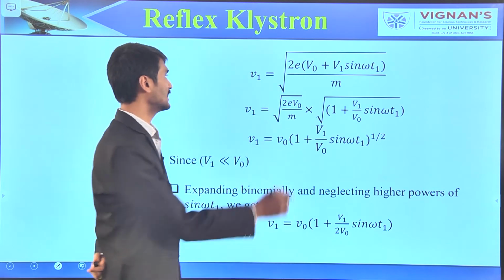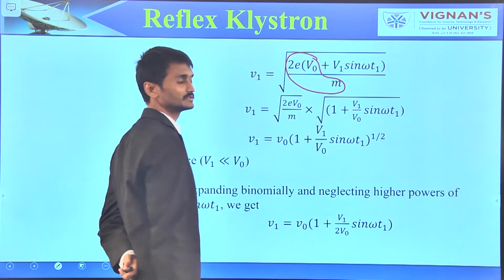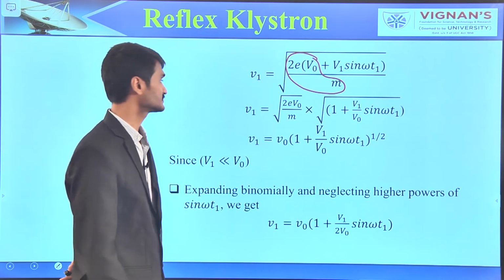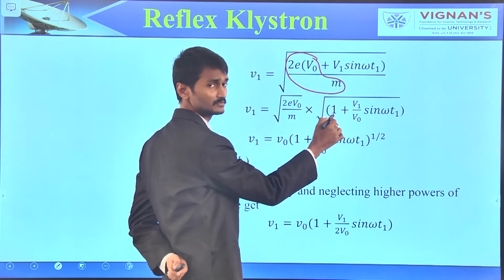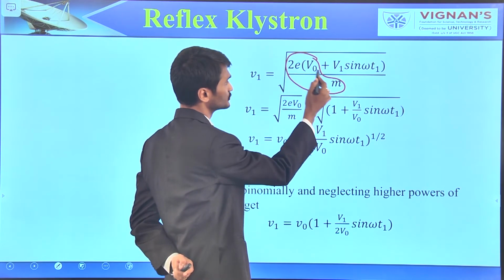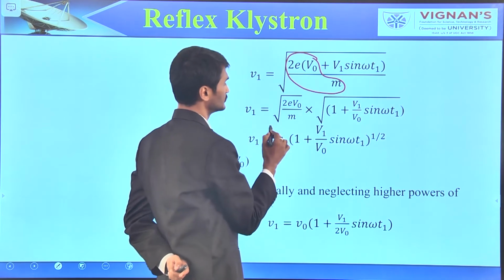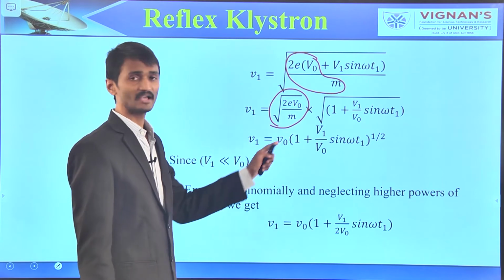Now we take the square root of 2eV0 by m as common.